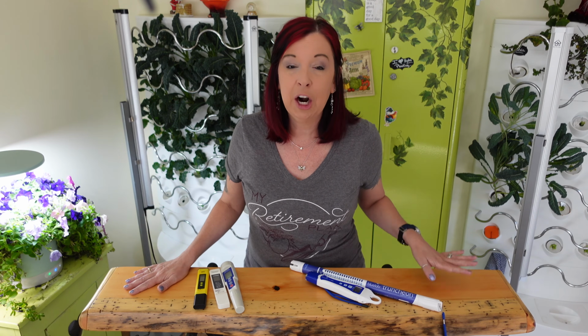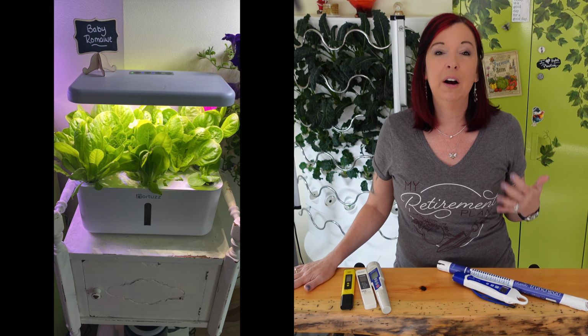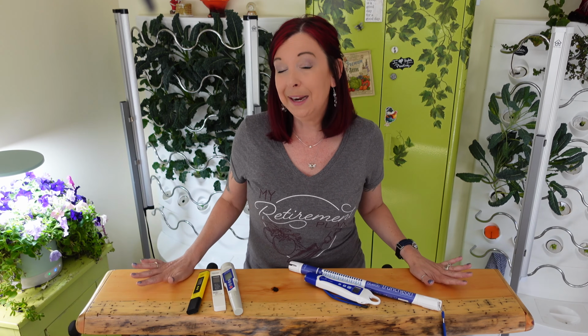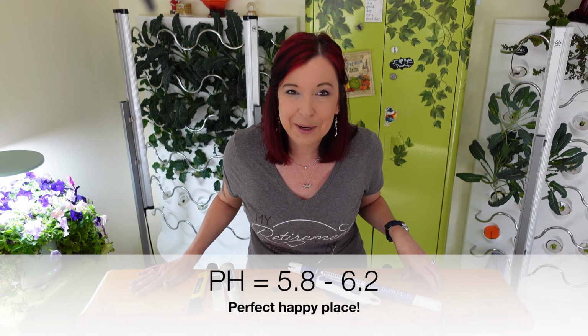Bad pH on lettuces can really hinder the plant's growth and start to burn out your leaves, and you're not going to have a good tasting lettuce. The pH really affects the bitterness or the flavor of your lettuces. Your pH levels on most hydroponic plants are going to be around 5.8 to 6.2.